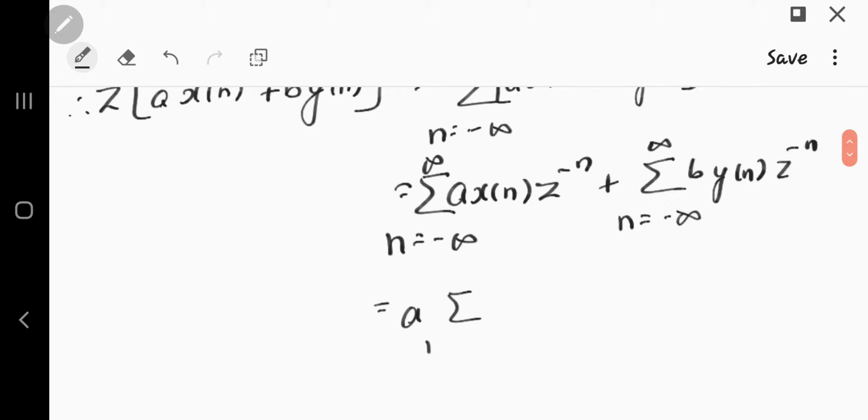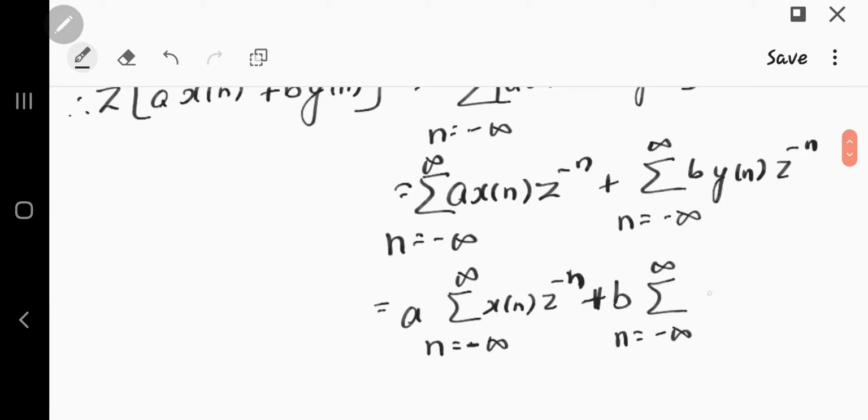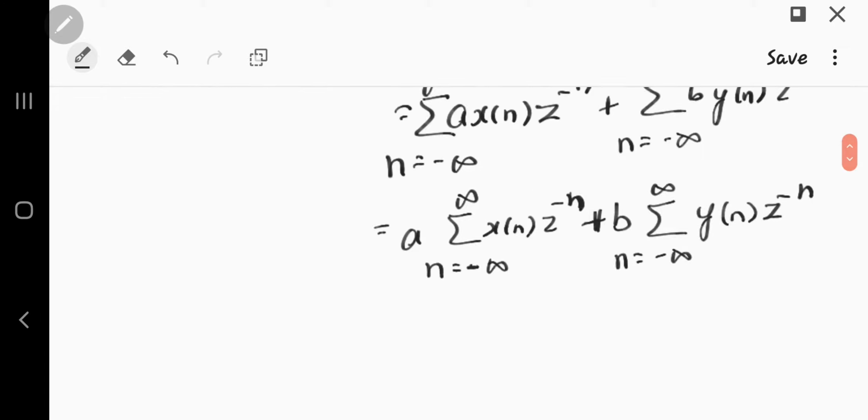If we take them out, we are left with a into summation n equals minus infinity to plus infinity x of n z to the power of minus n, plus b into summation n equals minus infinity to plus infinity y of n z to the power of minus n.